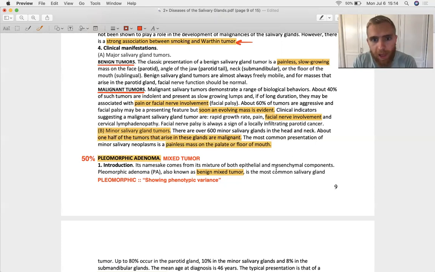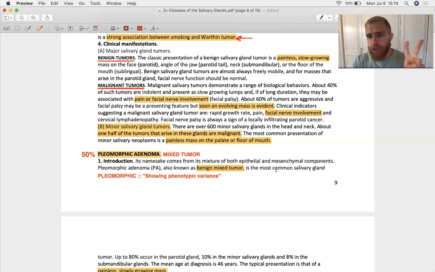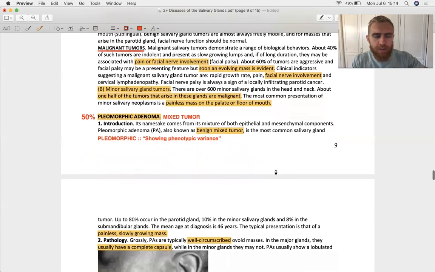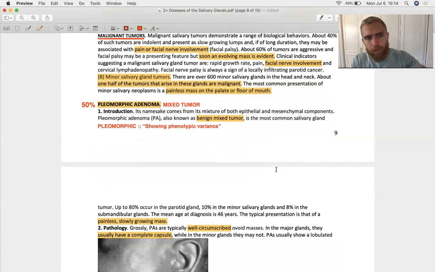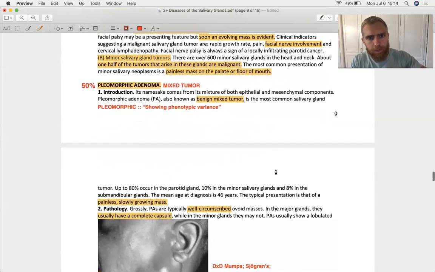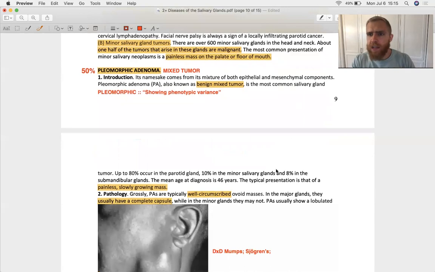And there's a big chance of compressing one of those branches through mass effect if a tumor continues to grow and grow quickly. And that can lead to a palsy or a tingling. So that's a characteristic presenting symptom of malignant tumors. Then minor salivary glands. Again, remember, you've got 3 pairs of major glands, and then you've got hundreds of minor salivary glands. Minor salivary gland tumors do tend to be malignant half the time.